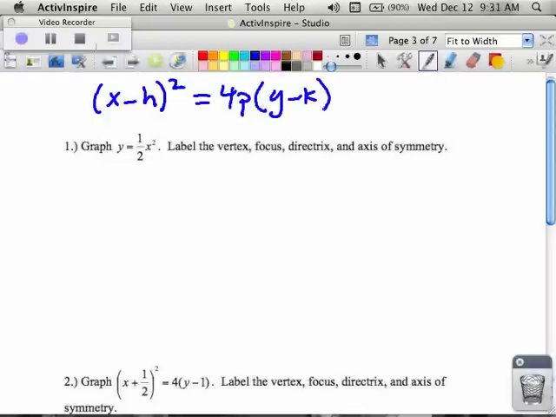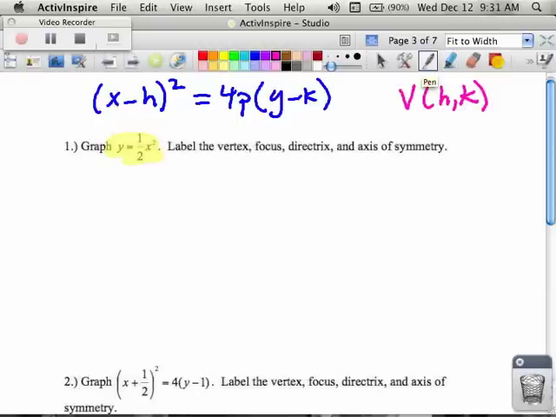And that's because we're going to be talking about our vertex, and our vertex is (h, k). So in order to do that, I'm going to rearrange the equation that they give me in this first problem, and I'm going to put it in that standard form.